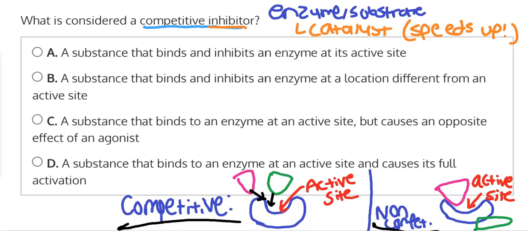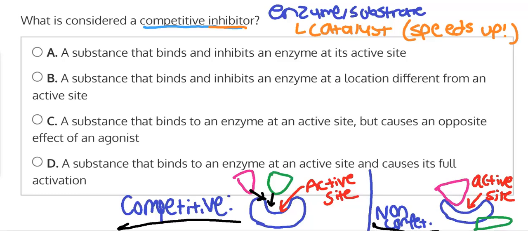So it's not binding to the active site, which prevents a full-on catalytic reaction. It inhibits it, not to the same extent as the competitive, but it still does prevent some of the reaction from occurring. So they're not competing for the same site, they're competing for a different site. And that's the difference between your non-competitive example versus your competitive example.